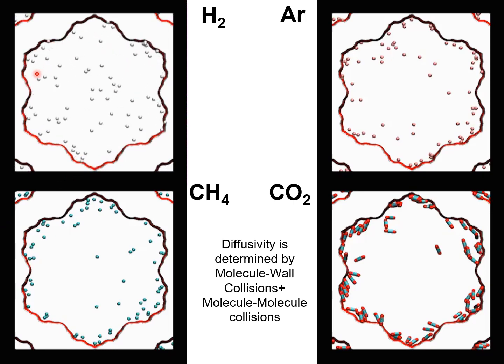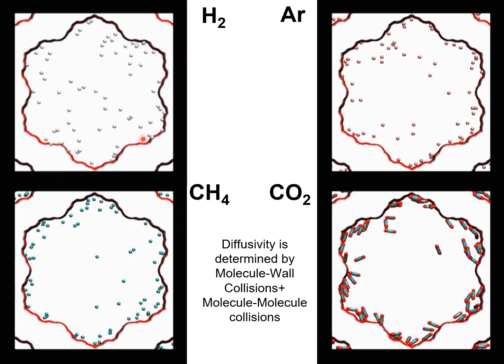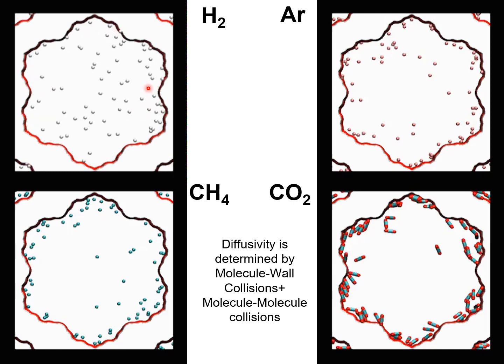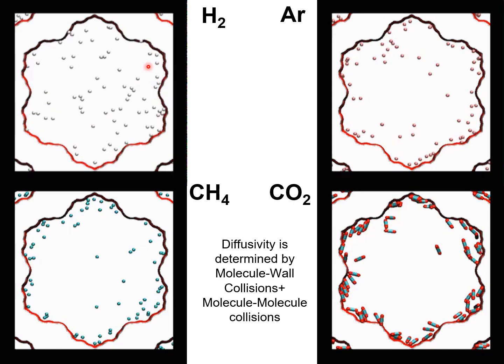Hydrogen, as you might expect, since it's poorly adsorbed, doesn't remain on the surface and gets reflected and returns to the core region. Argon, which is more strongly adsorbed, has a tendency to remain on the surface and hop to a neighboring site before returning to the core region.